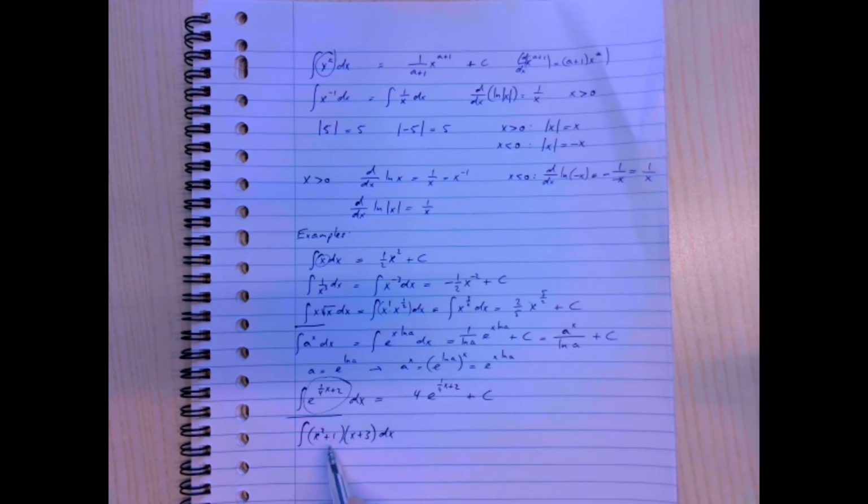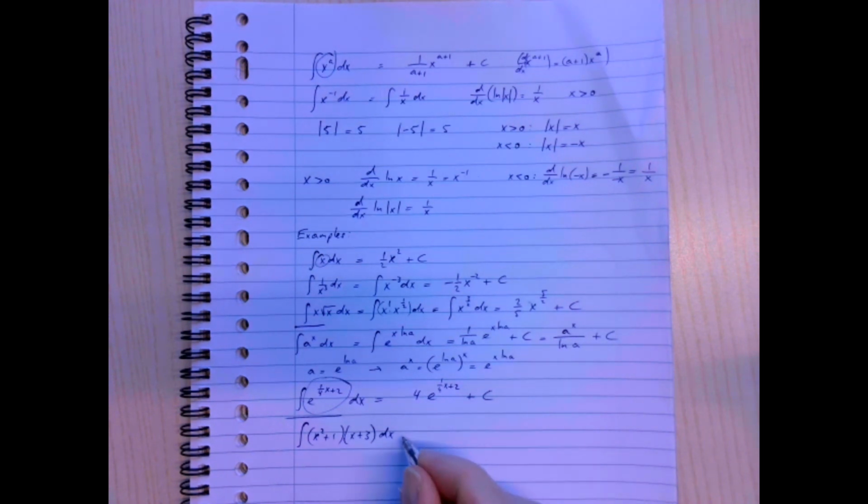So what's the indefinite integral of the function x squared plus 1 times x plus 3? So this is a product. Problem, how do we deal with the product? Well, let's just expand this product. It becomes a sum of powers. Why is that? If I expand this, so get rid of the brackets, what do we get? Well, the first term will be x squared times x.